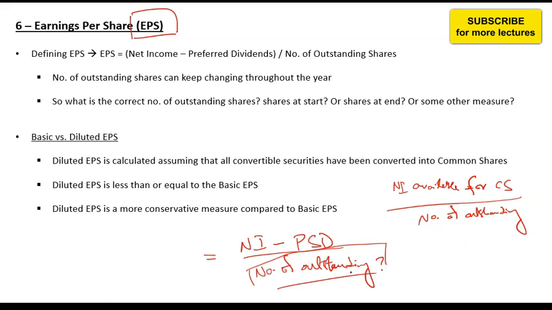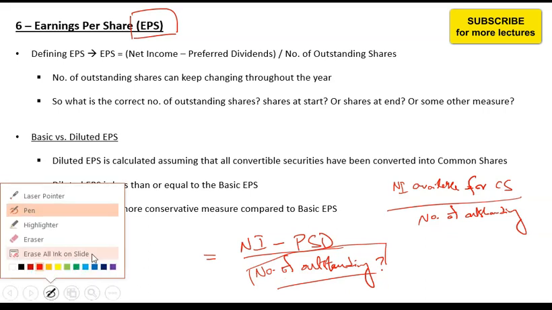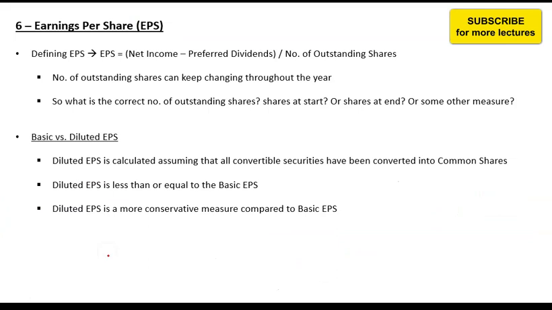So remember, in denominator we will be using weighted average number of outstanding shares. Now next question is that how do we calculate weighted average number of shares? Let's say there is a company that is starting year on 1st Jan. On 1st Jan, it has 1000 shares outstanding.